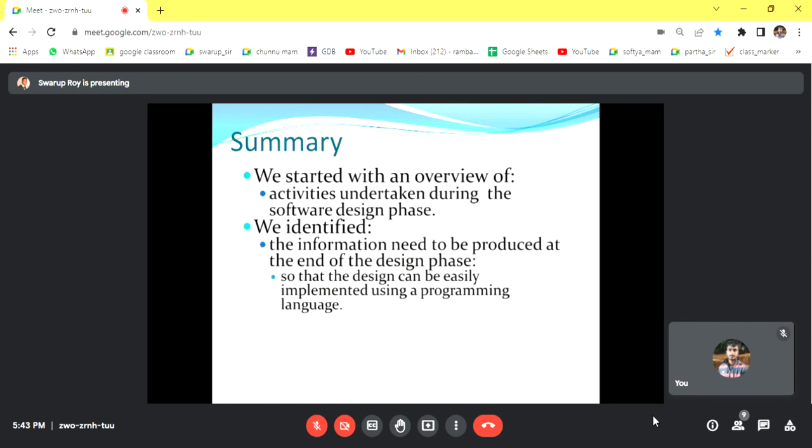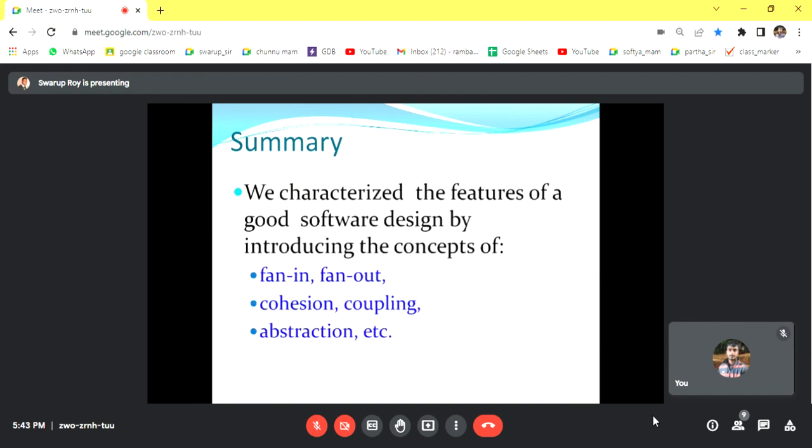Anyway, let us summarize the overall class of design for today. We started with the different software design phases. Then what needs to be produced at the end of the design phase, the high level design and the low level design. Then fan in, fan out, cohesion, coupling, and abstraction, which we studied in these sections.